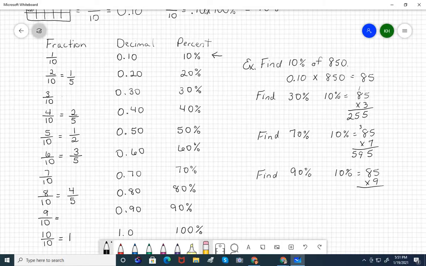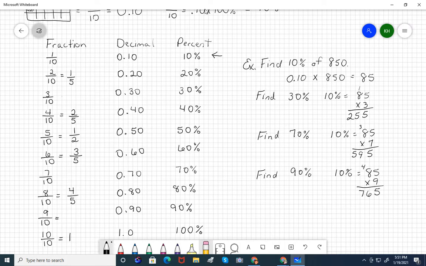So if I multiply by 9, 9 times 5 is 45. 9 times 8 is 72 plus 4, I get 765.